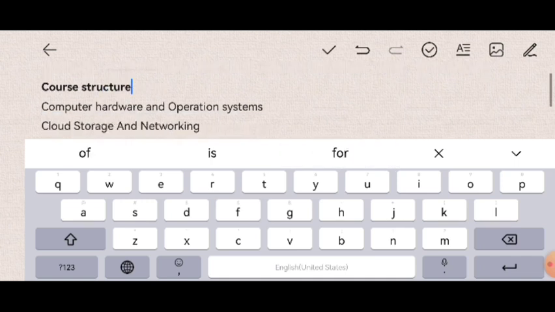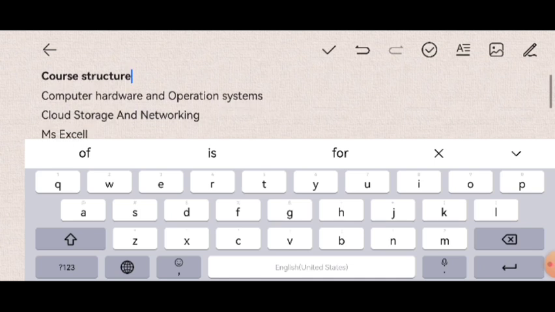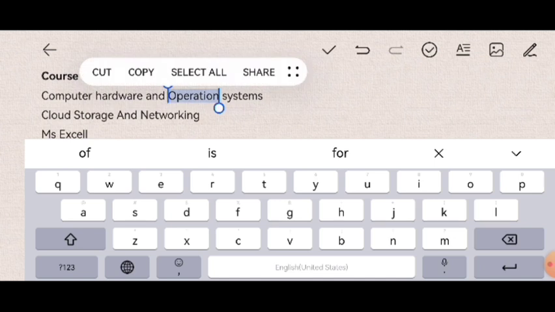In that course structure, those are the units of learning. So in the units of learning, we'll do computer hardware and operating systems. So that is the first item.